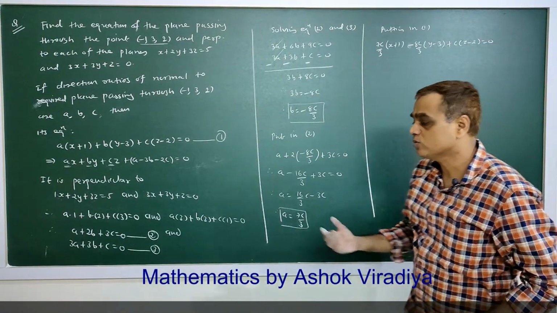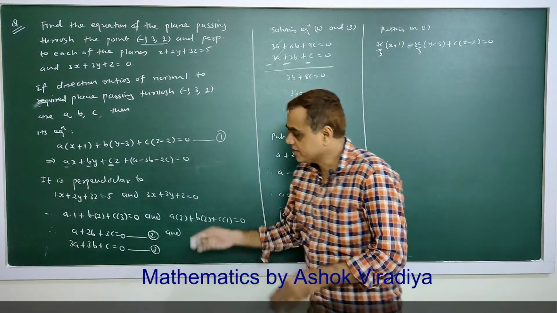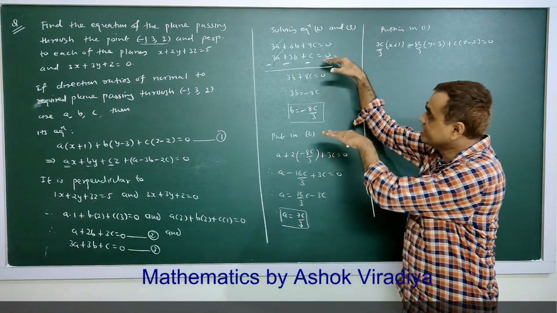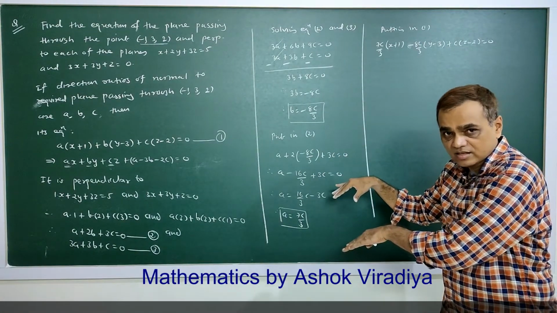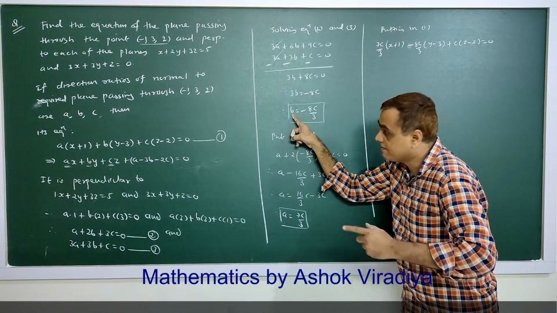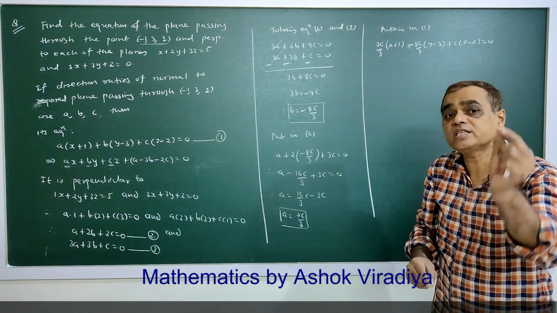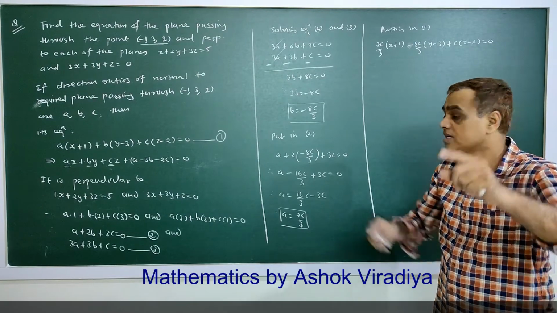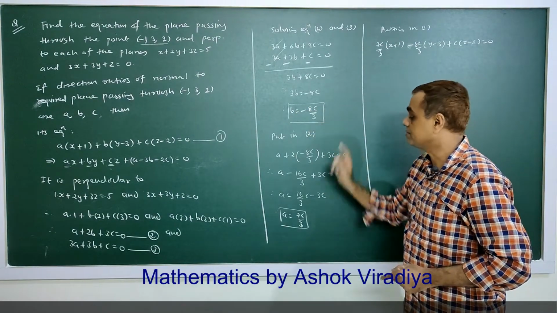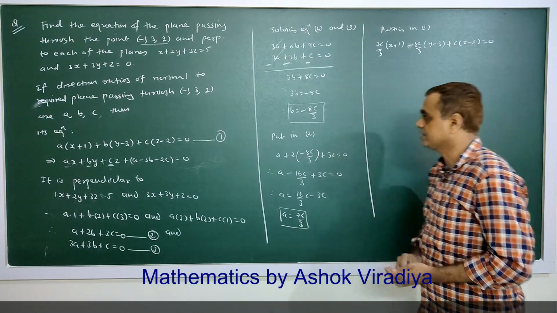See, these are two equations in a, b, c, and we have solved these two equations in such a way that we have solved for a and b, and values are in terms of c. So if c is c, b is minus 8c by 3 and a is 7c by 3.